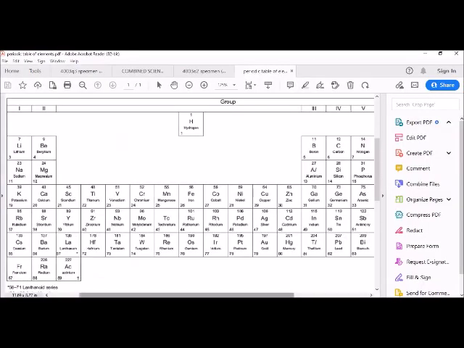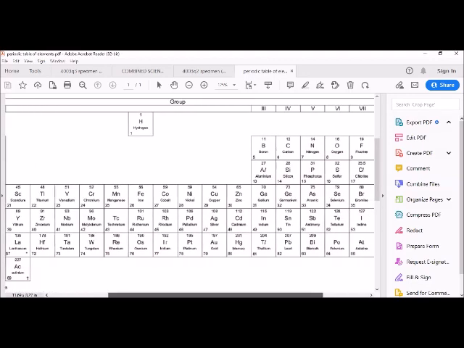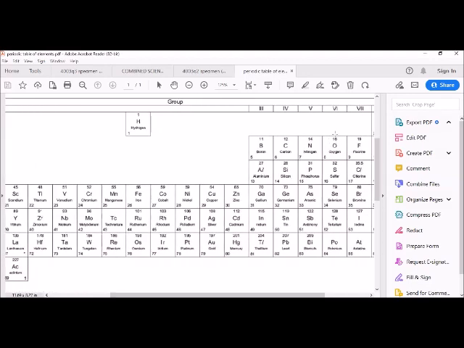Okay. So for our hydrogen, the mass is 1. For our oxygen, the mass, which is this bigger number, is 16. For our sulfur, the bigger number is 32. So we'll go back.